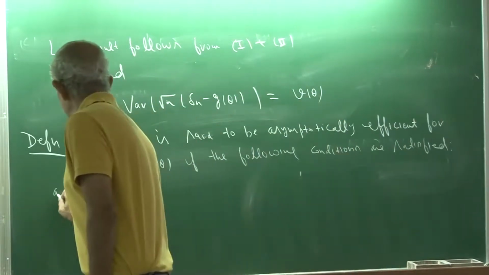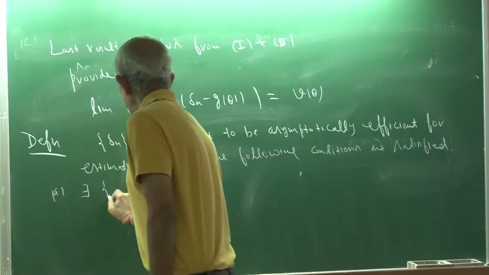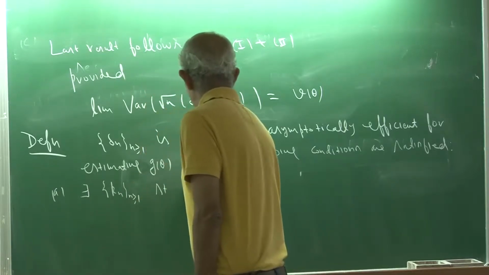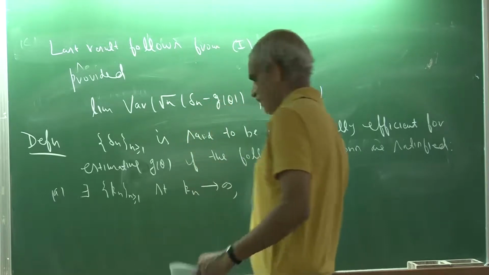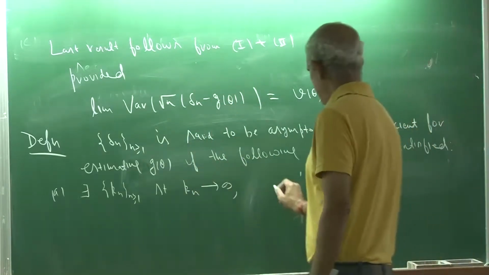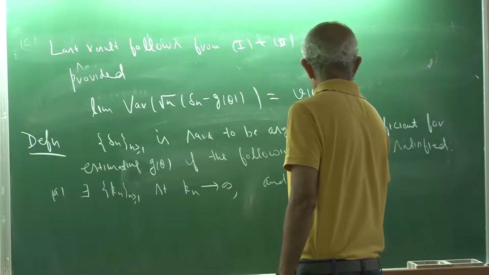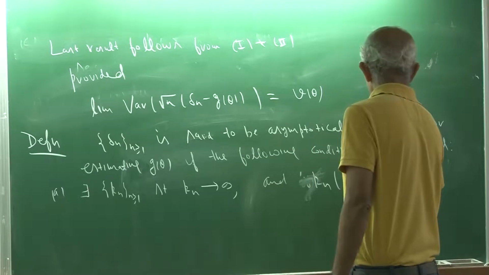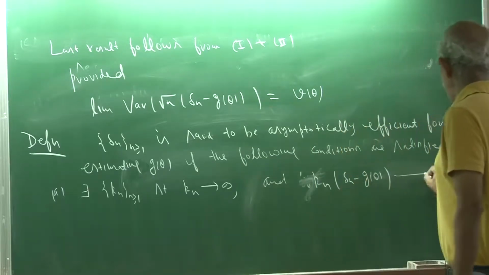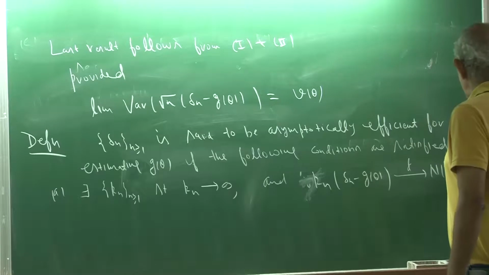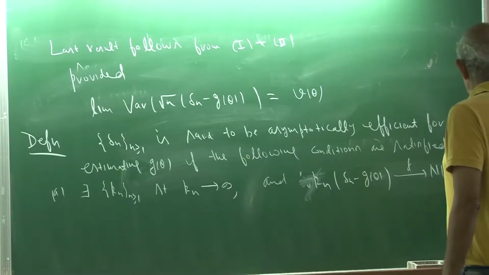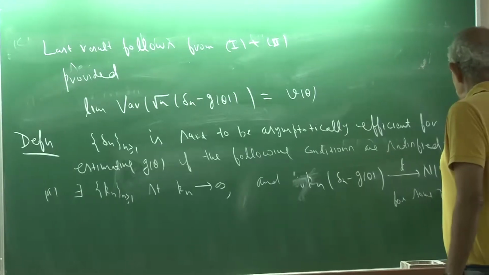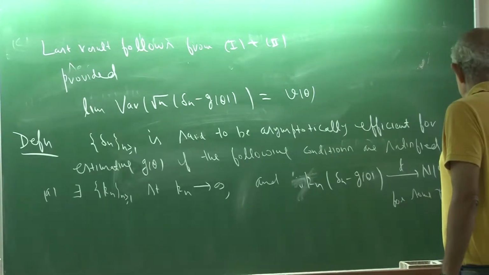So first, there exists a sequence kn of real numbers such that kn goes to infinity, and kn times (delta n minus g theta) goes in distribution to normal 0, tau square theta, for some tau square theta greater than 0 for every theta.